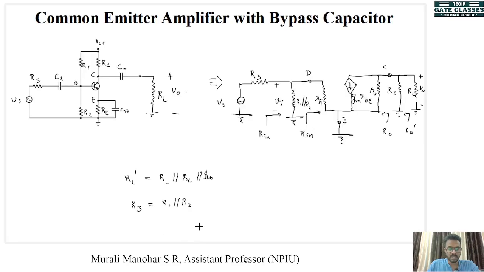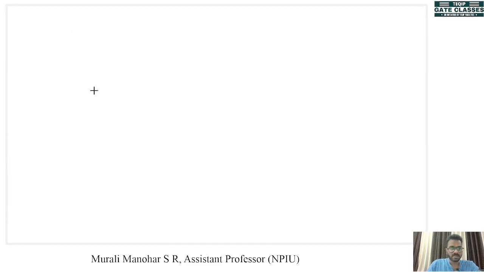Okay. Now let's say we are neglecting early effect. This means R out is equal to infinity, because without early effect in the output characteristics IC will remain a constant.